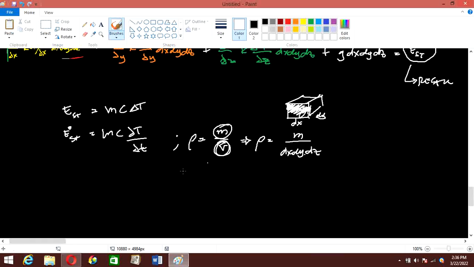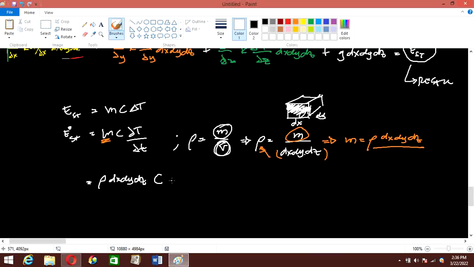Since we now have this expression, we can easily solve for the value of our m. M is equal to density times dx dy dz, right? So we can now substitute our value of m here. So our m is density dx dy dz, and then our c, then the partial derivative of T with respect to time.